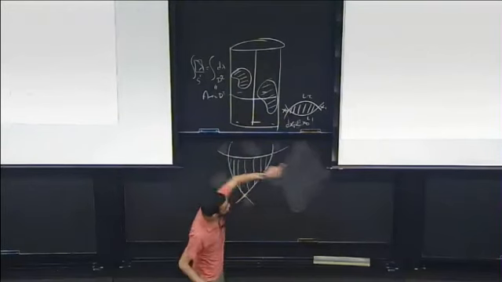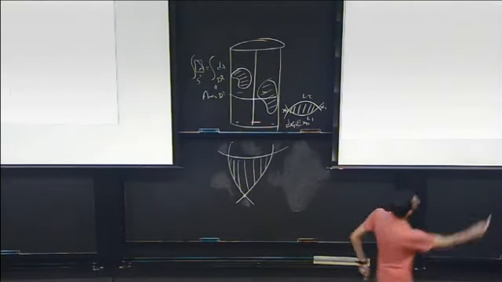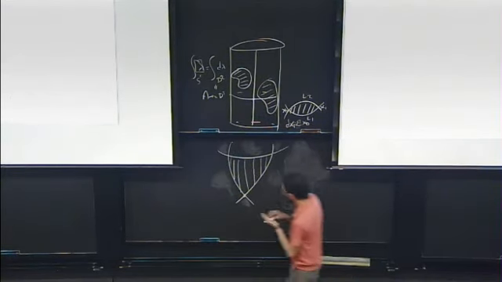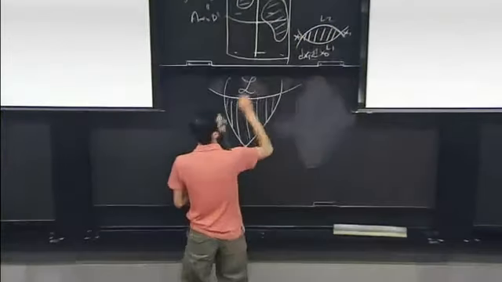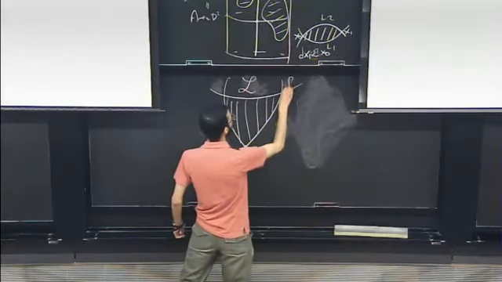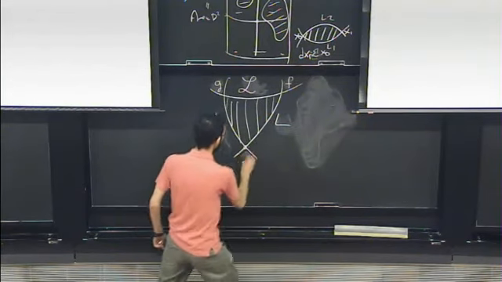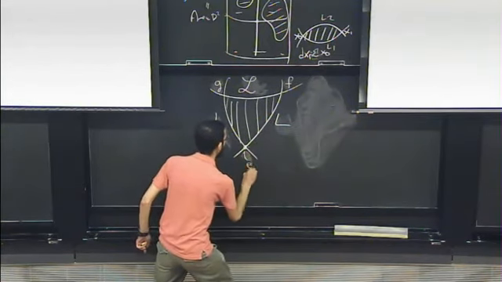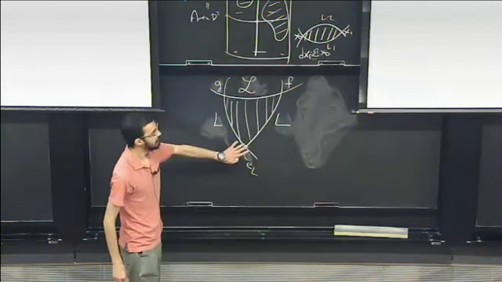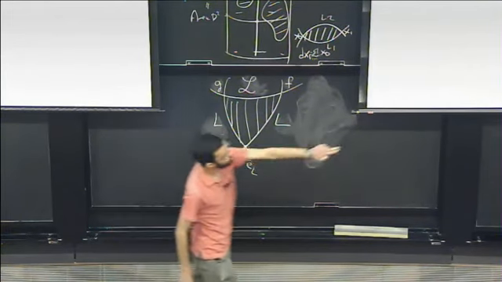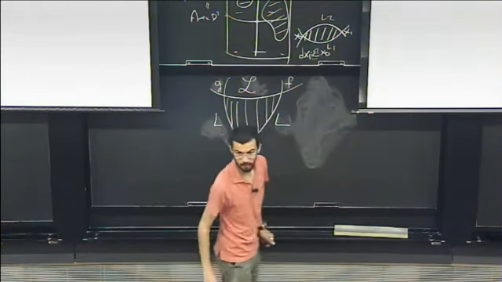So this is script L. This is the thing that here I call F. This is the thing called G. This is L, and this is this guy E of L. Of course over here they're transverse, and over there they're not transverse, but that's not a big deal.